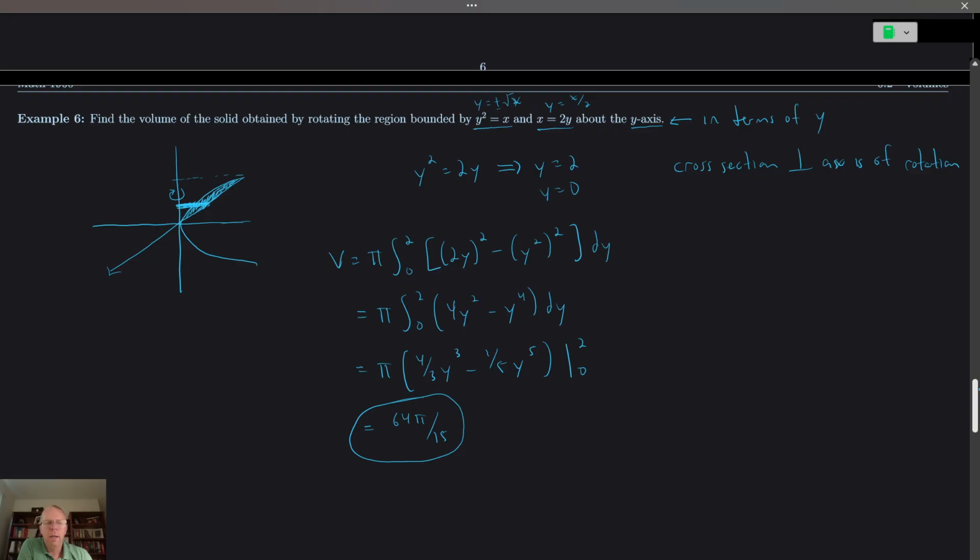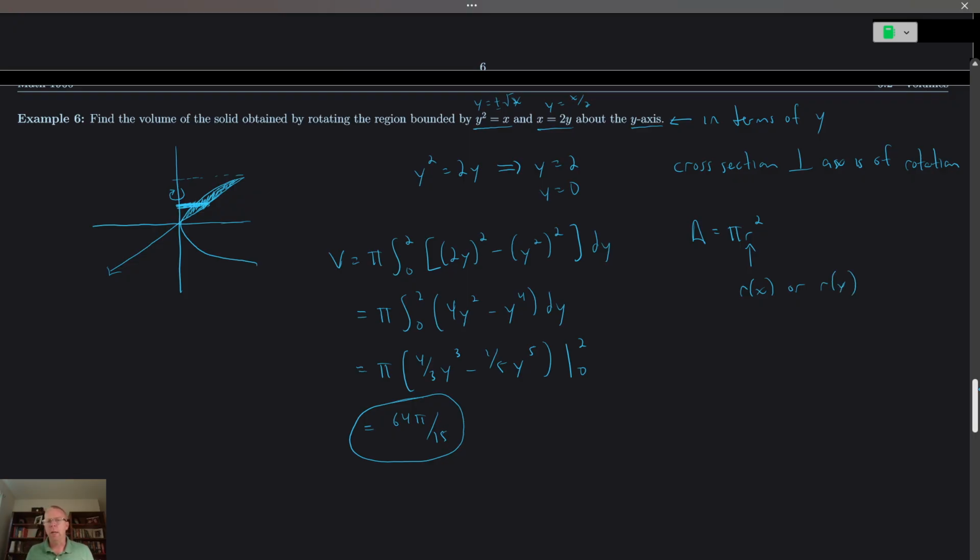If you're rotating around the y-axis, you need your functions in terms of y. If you're rotating around the x-axis, you need your functions in terms of x. And then we're utilizing the idea that the area of a circle is pi r squared, and r here is a function of x or y. So r is r of x or r of y, depending on which way it goes.